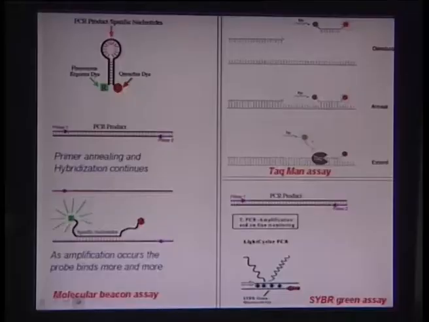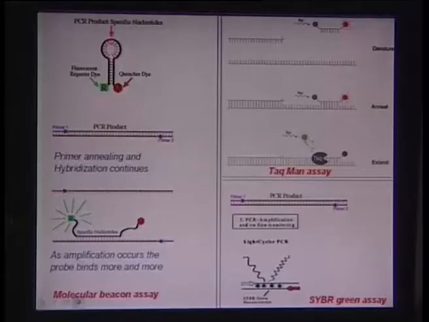The first technique is just an intercalation. It is a case where a molecule just goes into a DNA structure and starts fluorescing. The second case is a combination of a quencher and a dye molecule, bound to 2 flanks of a primer. This technology is also known as the TaqMan PCR, or the TaqMan assay.